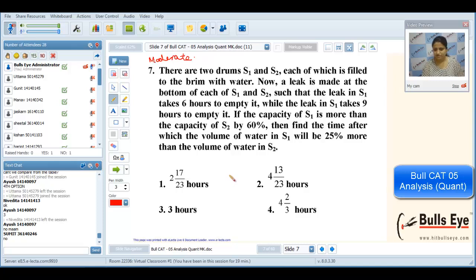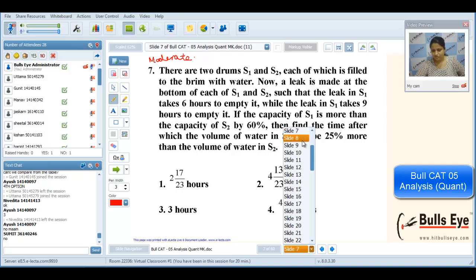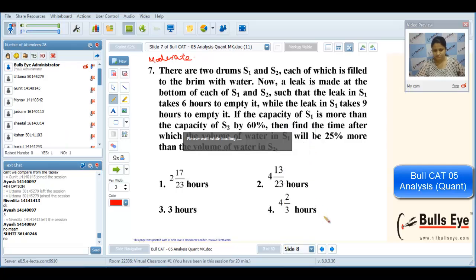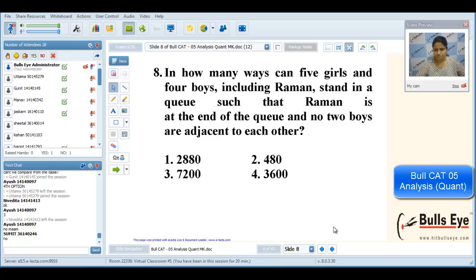I think you got 3 or 4 questions on time and work or pipe and cistern in this paper. Okay, I'm moving. Question number 7. I'm moving to question number 8. It's a difficult question. Good logic of PNC. Yeah, any problem in this question?